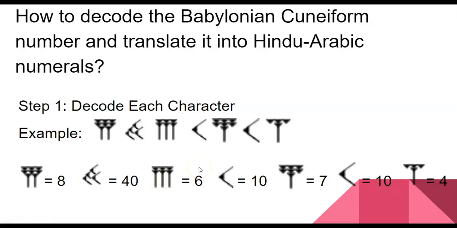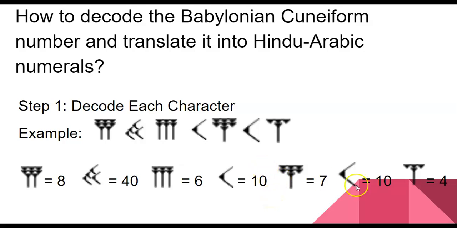The next, we have the character of 10 without space. This is 10. Then after 10, we have 7, right? So we are going to add 10 and 7, so we have 17. So 17 is the digit for the 60 raised to the power of 1 place value.